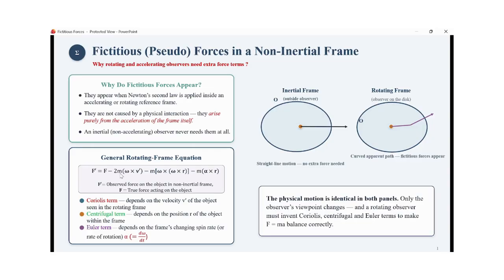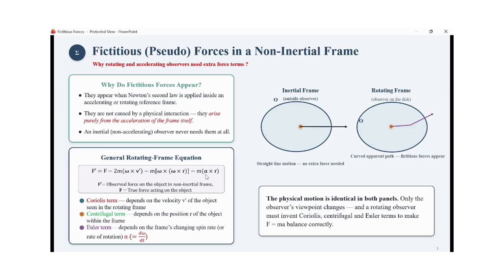The mass of the object is represented by m, and omega is the angular velocity of the rotation of the frame. This v dash represents the velocity of the object with respect to the rotating reference frame, and r is the distance of the object from the axis of rotation.